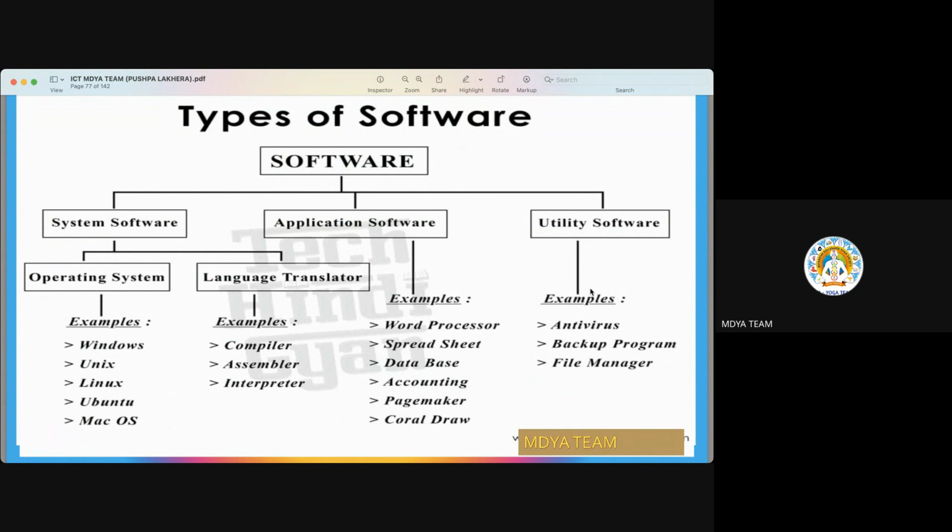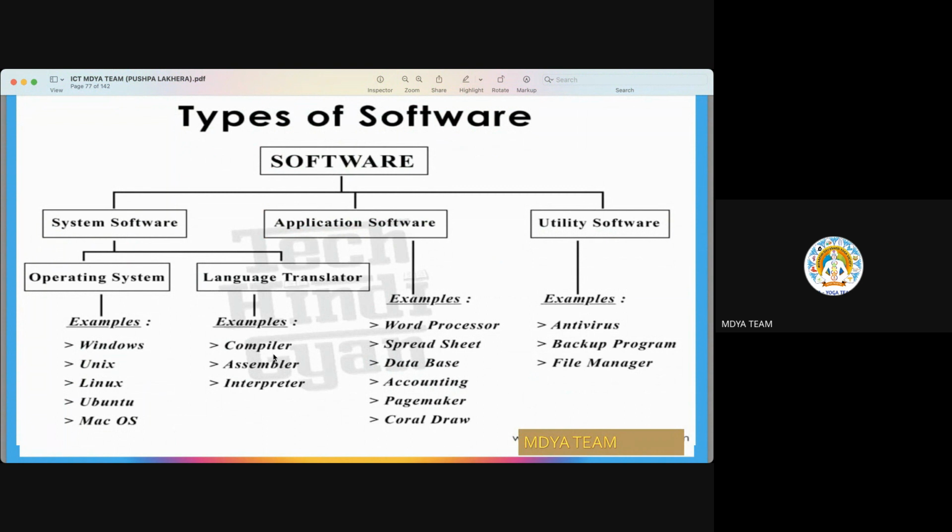Then utility software, for example, programs to enhance functionality and to protect your system from unwanted corrupted files and viruses. There are so many other programs also, like antivirus, backup program, file manager, and so forth.